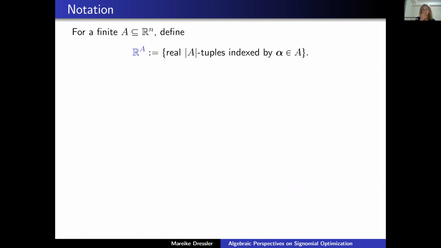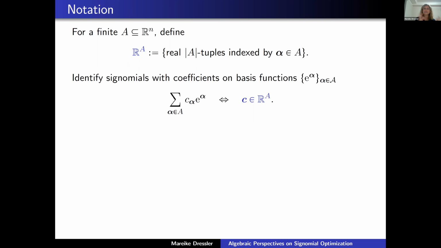Then we need a little bit more notation, namely for a finite set A, we define R to the A as the set of real A-tuples indexed by these points alpha. And with this notation, we can identify a signomial just via its coefficients on the basis functions. So it is sometimes better to just view the signomial as being represented by its coefficient vector.